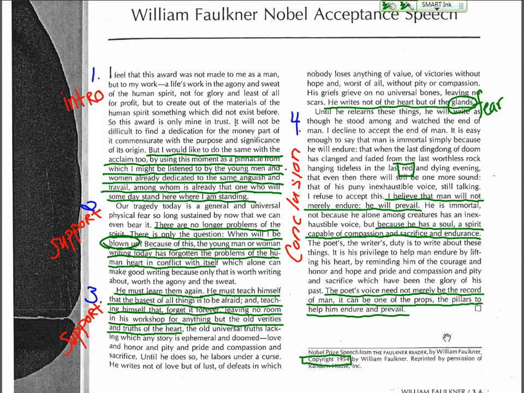And that's what he's saying throughout this whole thing, that you will not be governed by fear. You will pass through fear, this glandular response. You will rise above the scare, this red scare. And that man will not just endure, but his soul, his spirit will rise above. And these will be the pillars to help him endure and prevail. So we are once again arriving at his purpose.